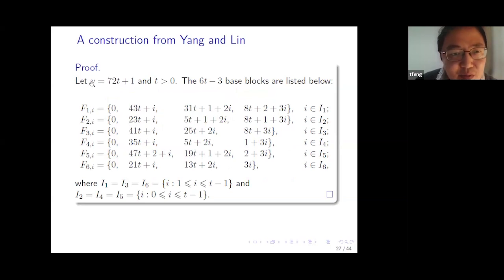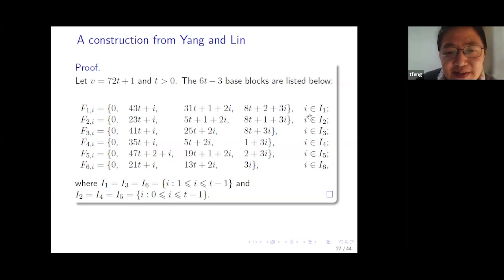Here, t is fixed, because v is 72 times t plus 1, so t is a fixed number. So some number times t plus i, and some number times t plus 2i plus some number, and some number times t plus 3i plus a number. This is the format of each base block.